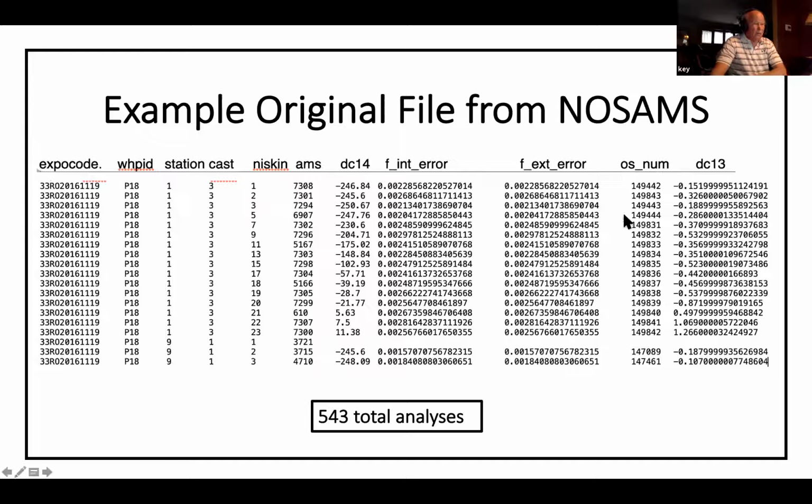This OS number is a number that's specific to Woods Hole. Well, we don't keep that for the final records that go into the various data centers, but it's something we have to have, because it makes life easier if I want to go back to NOSAMS and say, could you track down all the information you have on a given sample? It's the number they use to reference things internally.